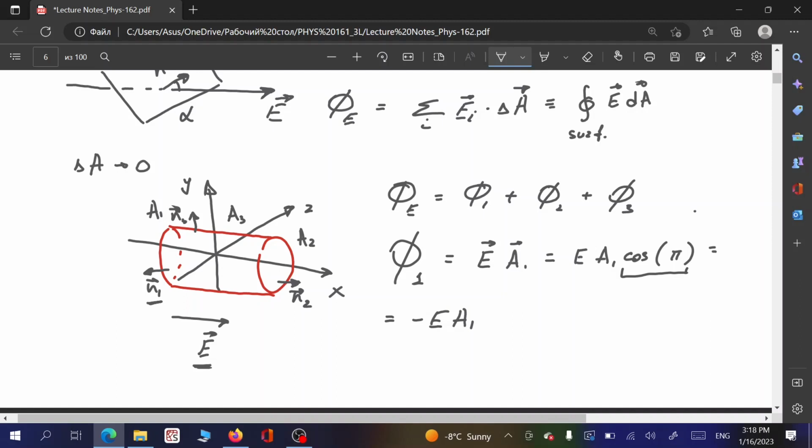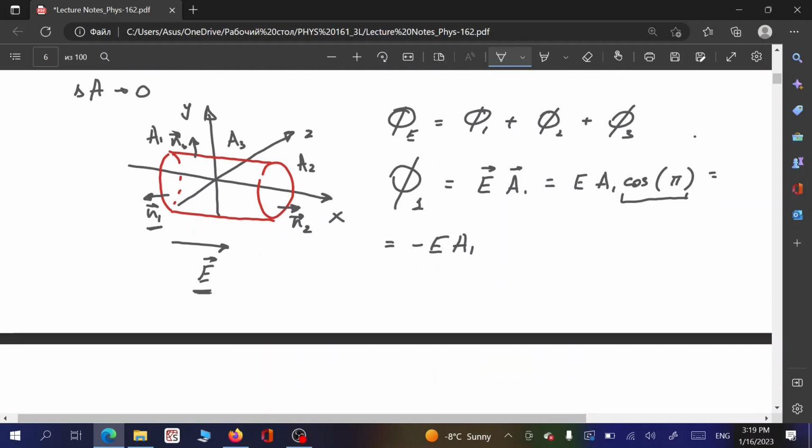So that's the flux of the electric field vector E, which is considered here obviously as uniform through this element of the closed surface. As you see, it comes with negative sign, so we always need to keep in mind the relative orientation of the normal to the surface and electric field vector.